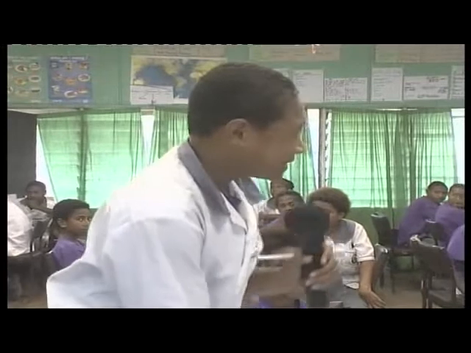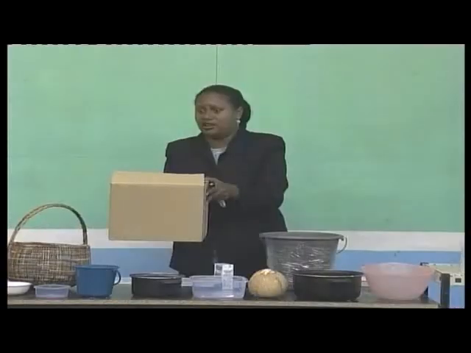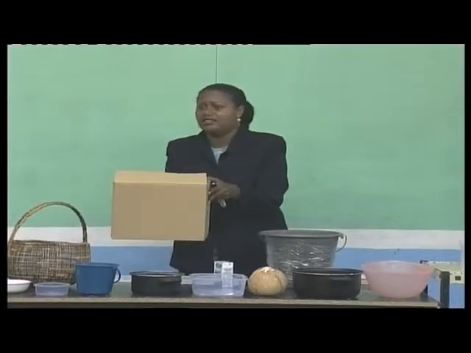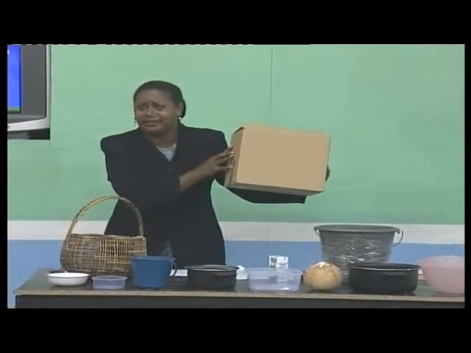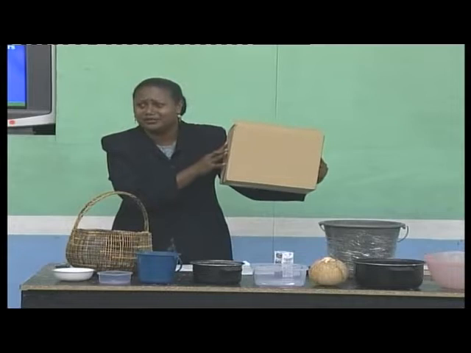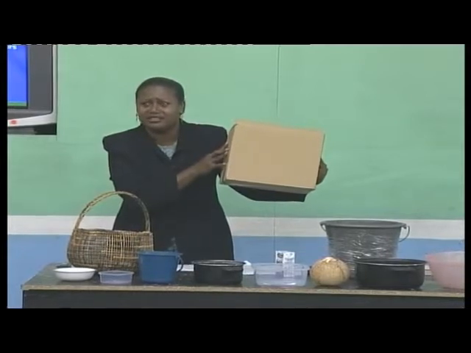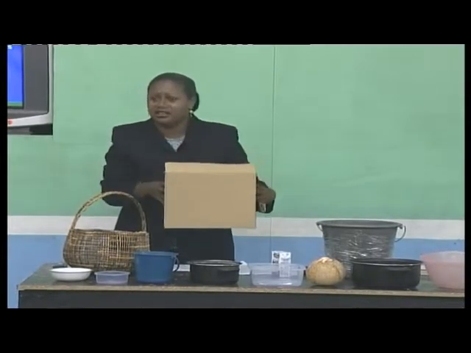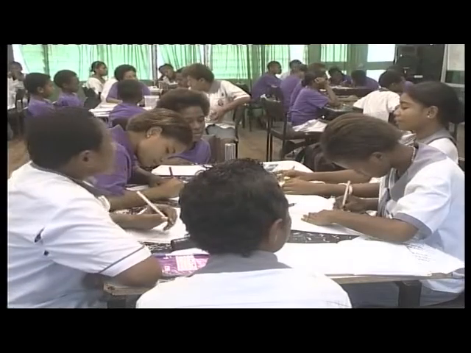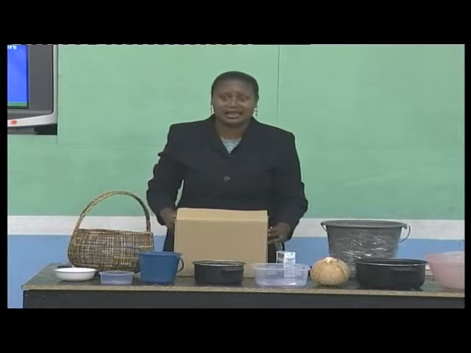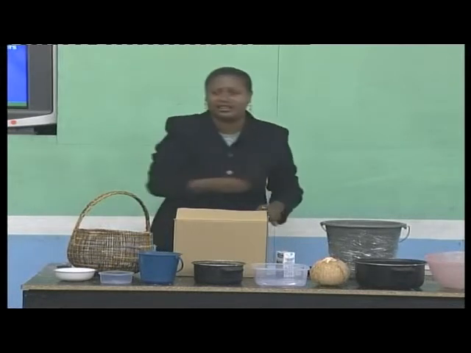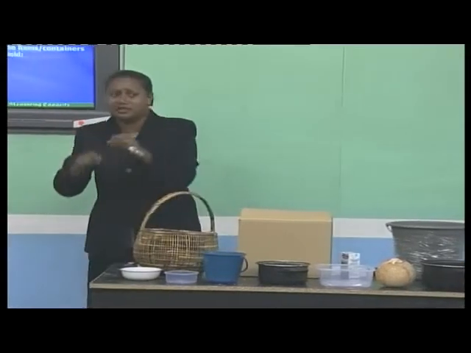Because it's a soft material. Cartons are soft. When we put water inside, what will happen? Can you give me a reason? The carton will get wet and then it will start to tear. It will be really soft. Thank you, Tehila. It's going to be really soft and it will start to tear.